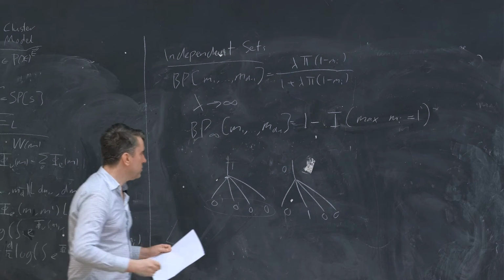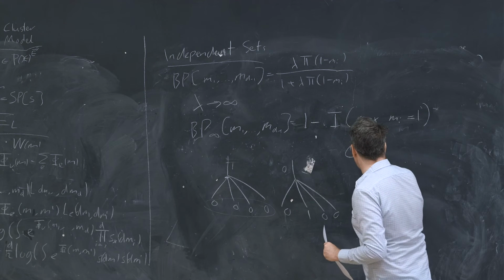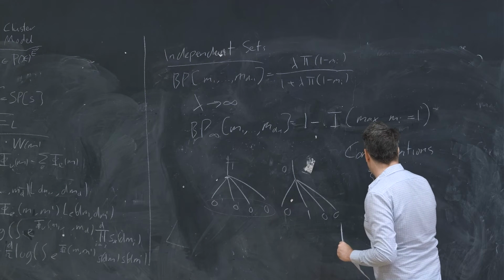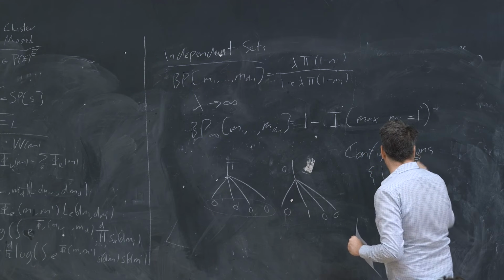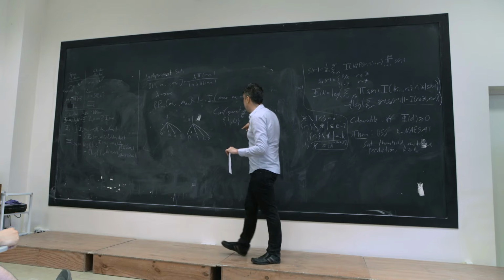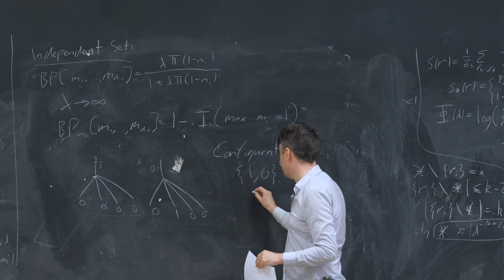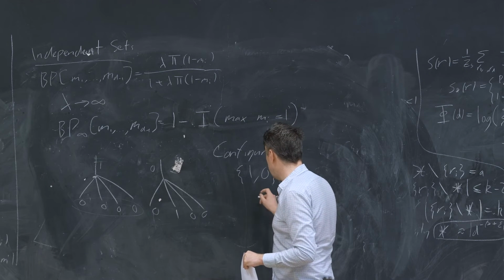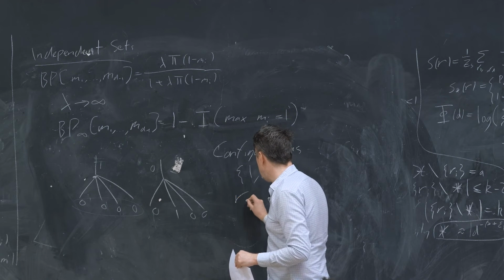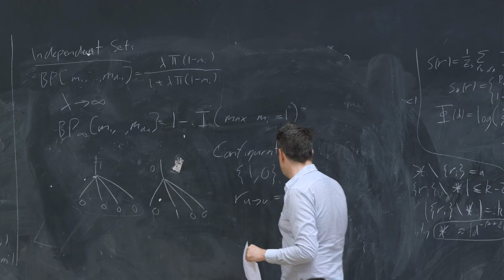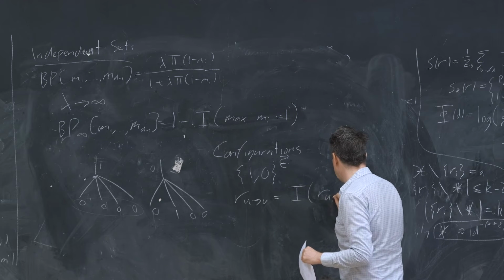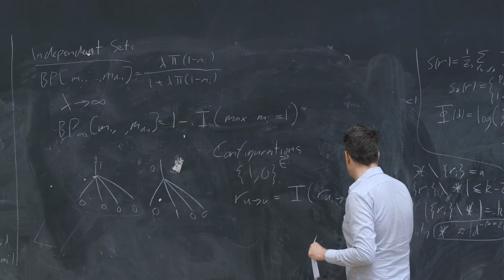Okay. So in the limit, our configurations will be just messages that are either 0 or 1 on each of the directed edges of the graph, satisfying: R from U to V is equal to the indicator that R of U_i into U are all 0.